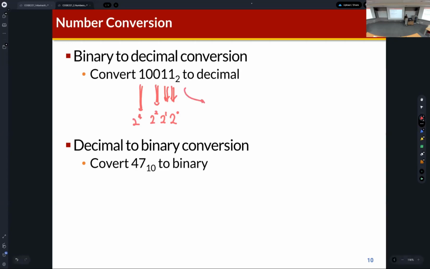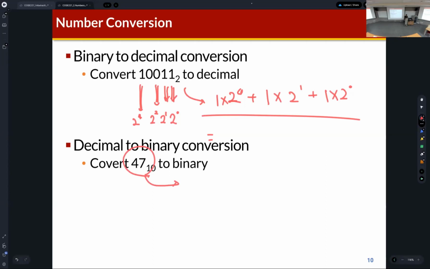Then we can calculate the decimal number of this binary number: 1 multiplied by 2 to the 4 plus 1 multiplied by 2 to the 1 plus 1 multiplied by 2 to the 0. Right? You can calculate.